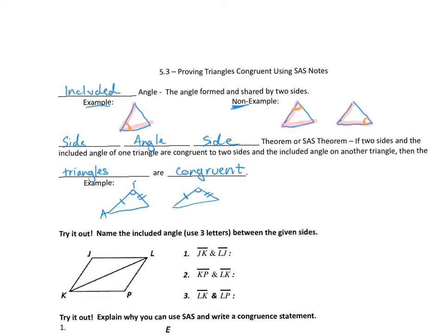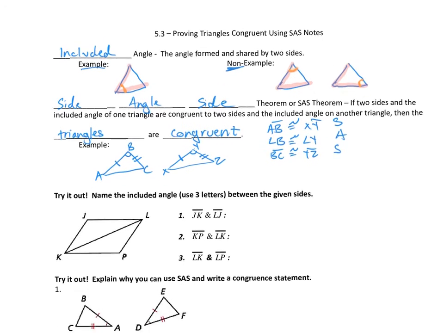Say this is A, B, C, and this is X, Y, Z. So we'll say AB is congruent to XY, and angle B is congruent to angle Y, and BC is congruent to YZ. Then this being a side, this being an angle, and this being a side, you can use that to prove that those triangles are congruent.